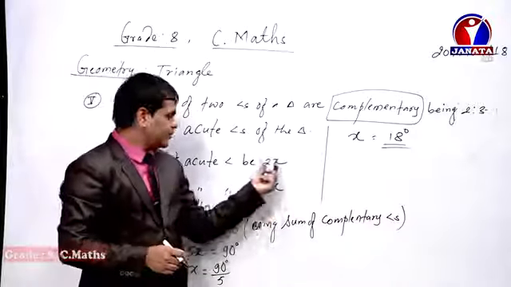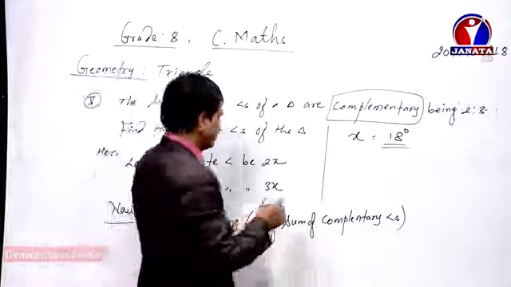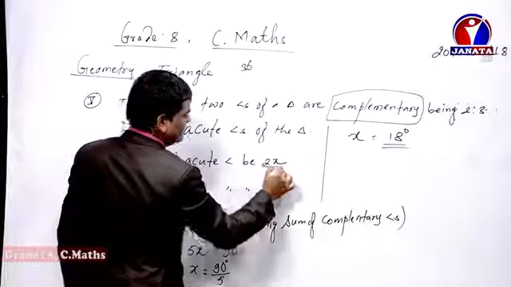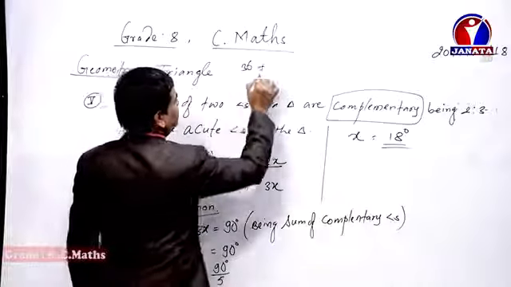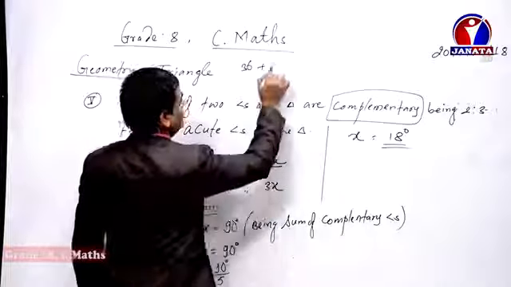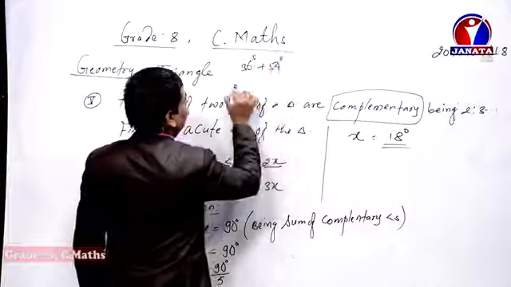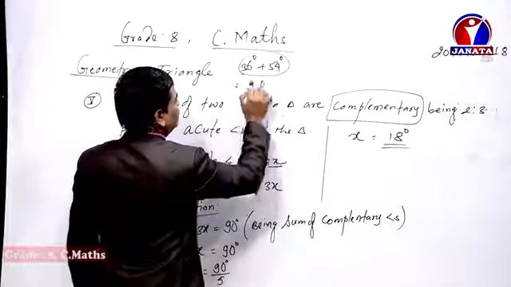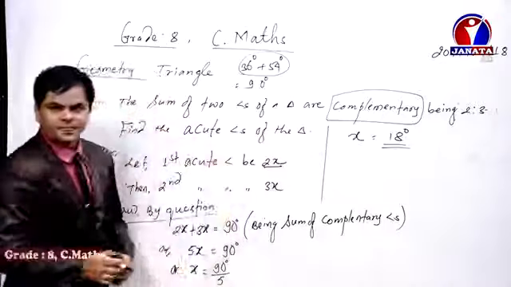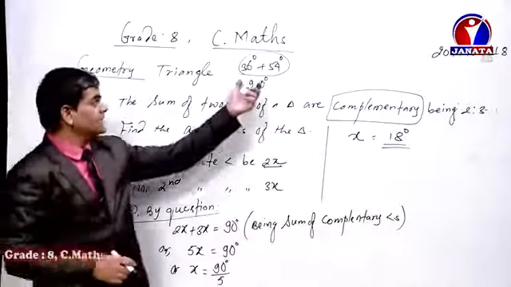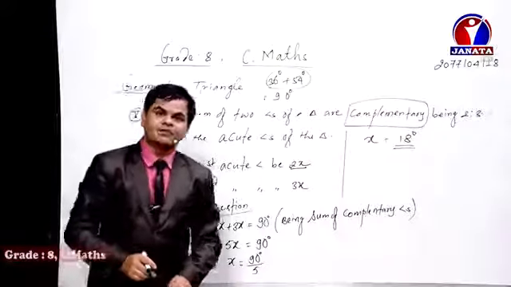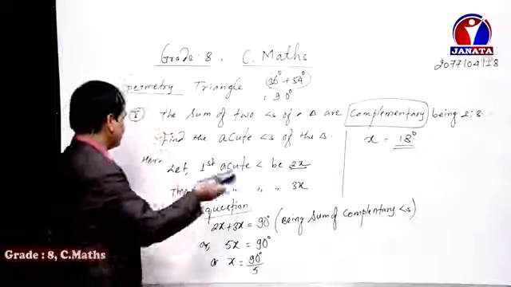When we add these together, 36 and 54, their sum becomes 90 degree. Exactly, these two angles are found as complementary to each other.